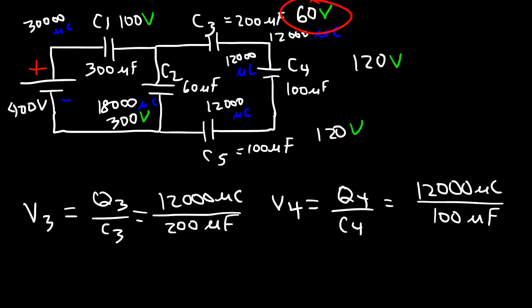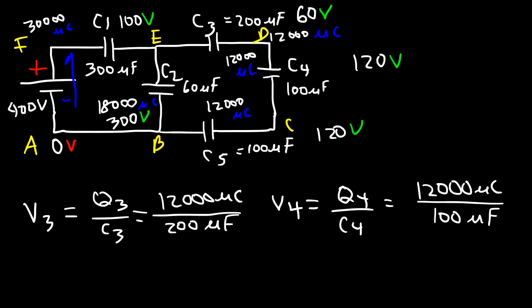So let's say this is point A and this is point B, C, D, E, and F. Let's say we wanted to calculate the electric potential at every point. And let's say that A is 0 volts.